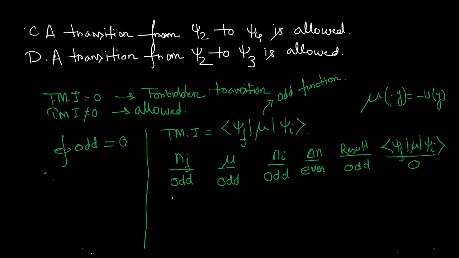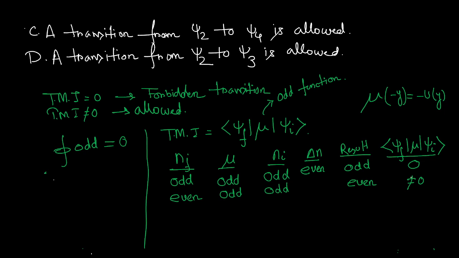Now if this is even, this is odd, this is odd: odd multiplied with odd will be even, and multiplied with even it will be an even function. So the result will be even, and it will be an allowed transition, with TMI not equal to 0.